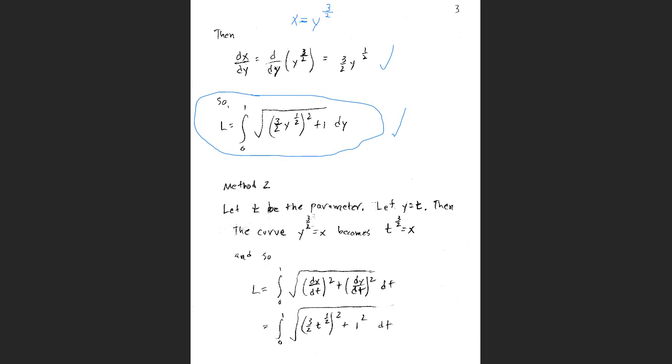So let's say I wanted t to be the parameter. I'm going to let my independent variable y equal t, and then the curve x equals y to the 3/2 becomes x equals t to the 3/2.